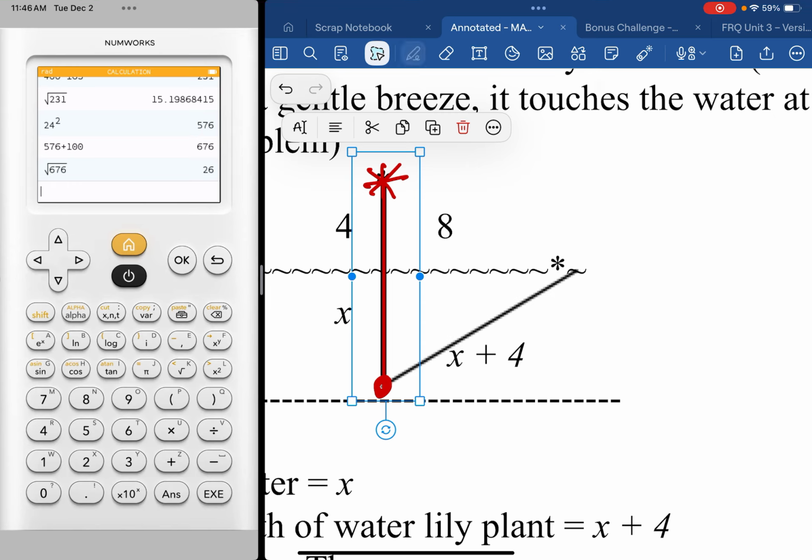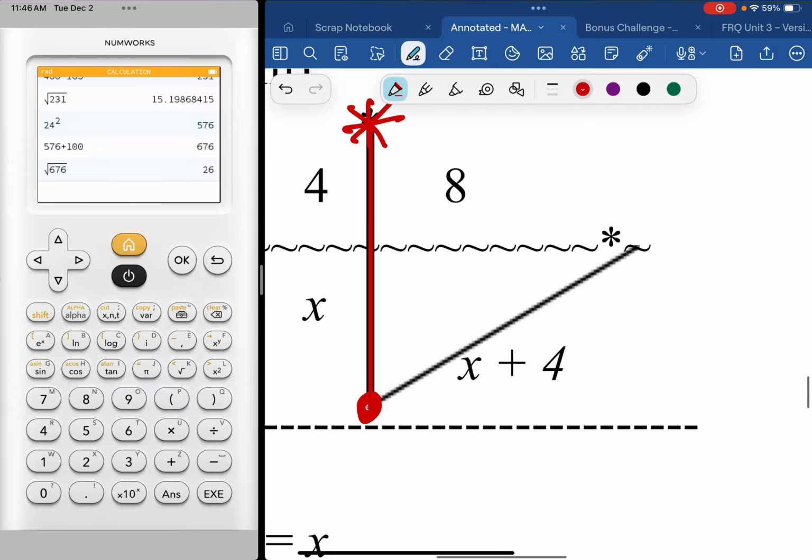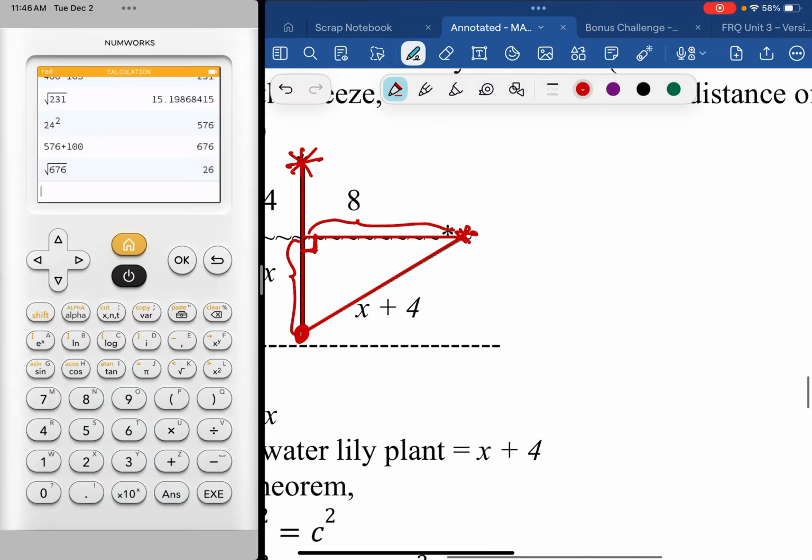Once it moves into that new position, it's still going to have the same height that it had originally: the depth of the water plus whatever it extended to above the water. So that gives me two legs of a triangle, x and 8, as well as the hypotenuse.